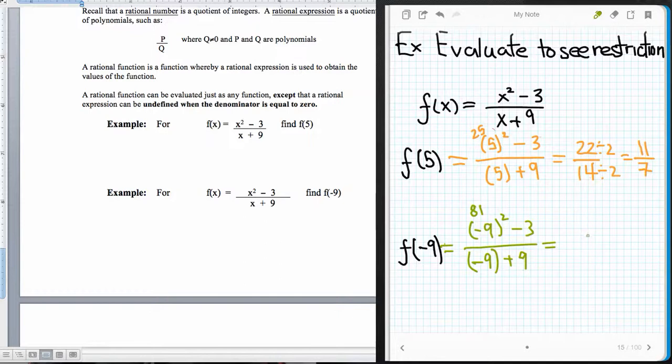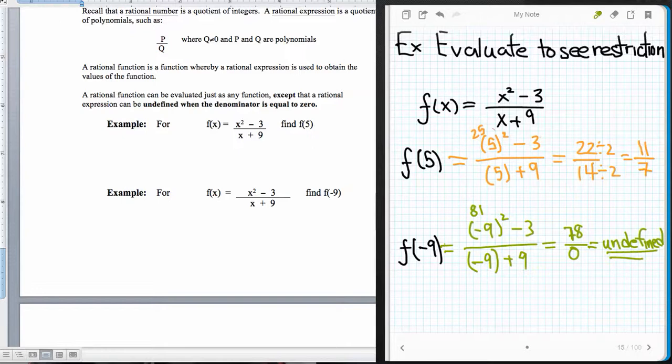And 81 minus 3 gives us 78. And then we'll have negative 9 plus 9, which is 0. And what we see is 0 in the denominator, that's division by 0. And remember, this is the instance that gives us an undefined. And undefined is not a real number. It's not a possibility. So this is a real issue.